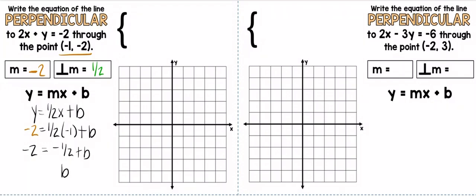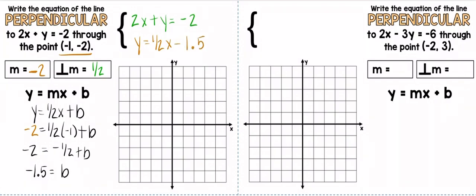So b is negative 1.5. Okay, so my two equations are 2x plus y equals negative 2 and y equals 1/2 x minus 1.5.